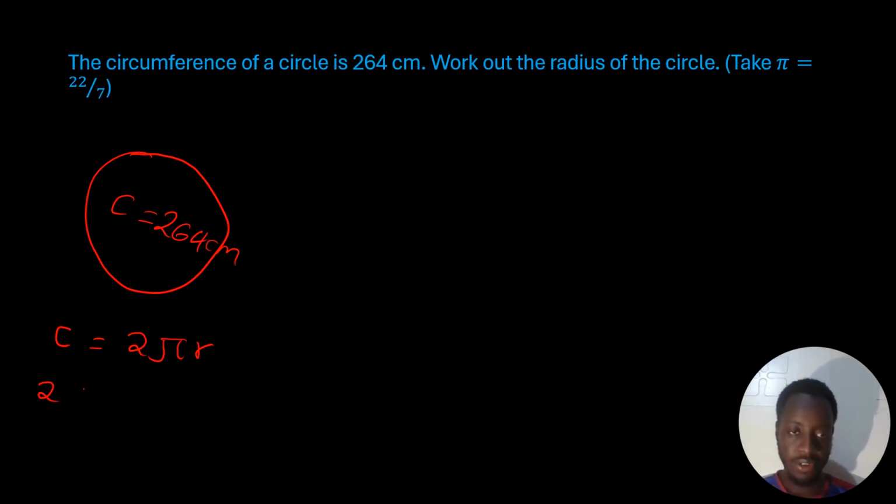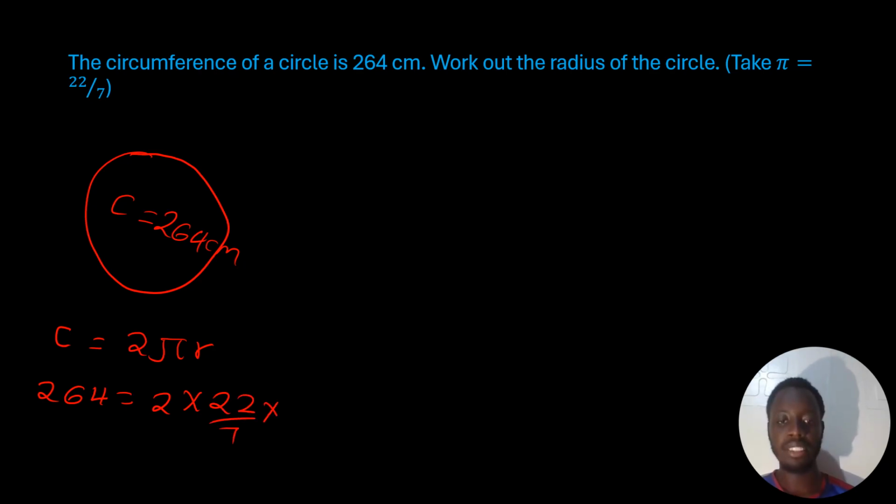So our circumference is 264. So 264 is equal to 2 times, what is our pi? Pi is 22/7, times, what is our radius? Our radius is r. We don't have the radius, so it is the unknown that we are looking for. So we'll get 264 is equal to 2 times 22, that is 44/7 r.